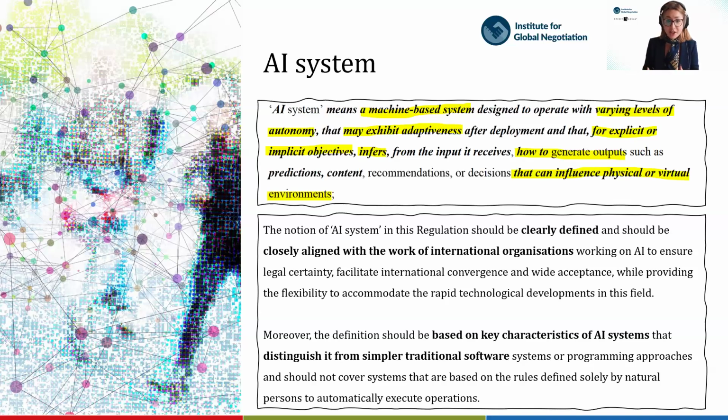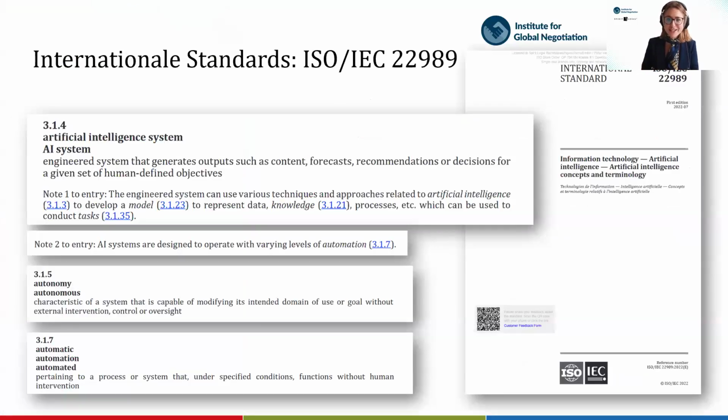In my opinion, that was there by design, because we do have other types of definitions, such as those in artificial intelligence related standards from international organizations such as the ISO and the IEC, that in a much simpler way basically say the same thing. So engineered systems that generate outputs for a given set of human-defined objectives. And here you can see also that they operate with varying levels of automation.